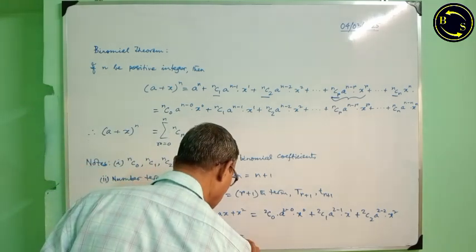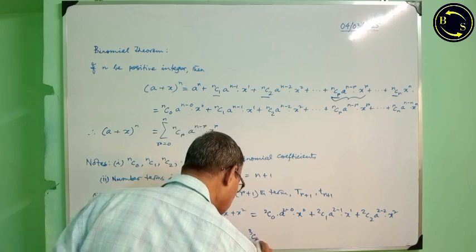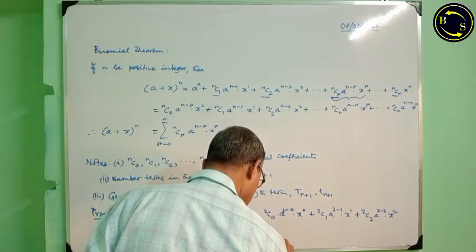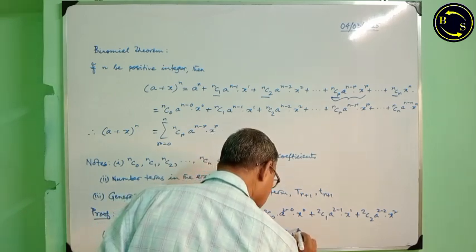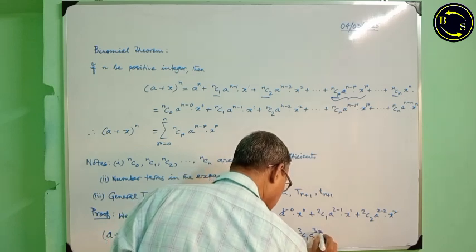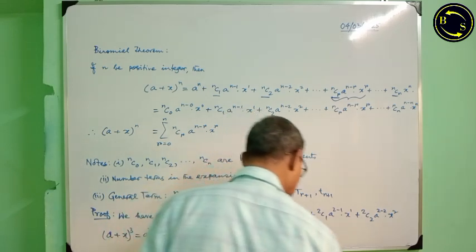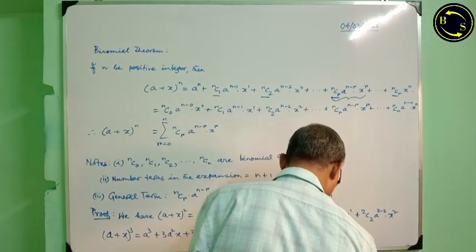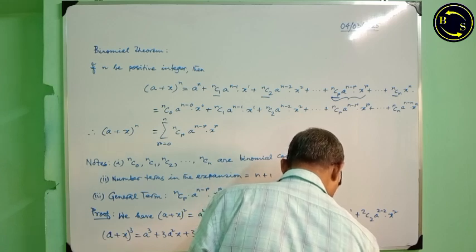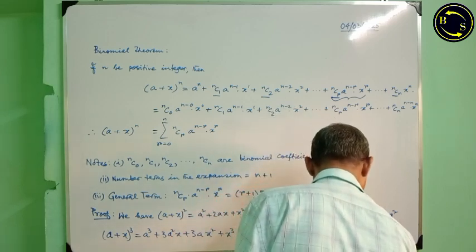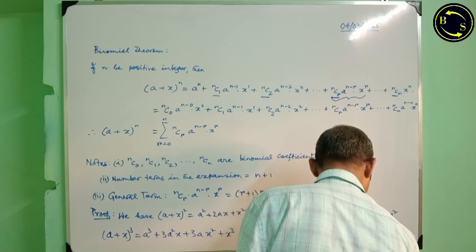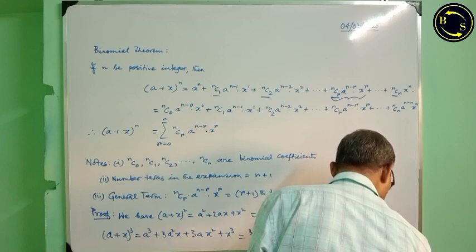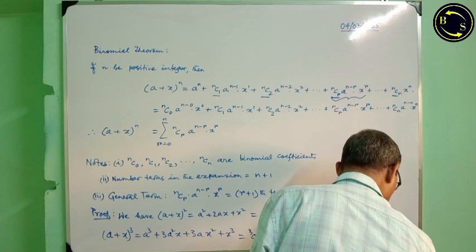Now using binomial coefficients, it will be 3c0 a to the power 3 minus 0 into x to the power 0 plus 3c1 a to the power 3 minus 1 into x to the power 1 plus 3c2 a to the power 3 minus 2 into x square plus 3c3 a to the power 3 minus 3 x cube.